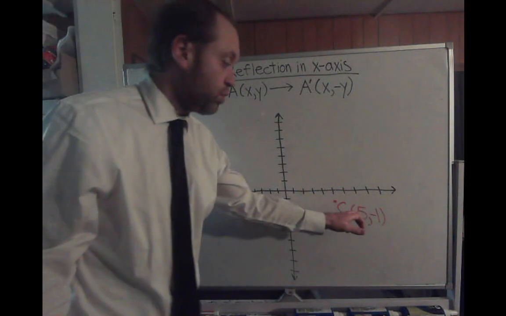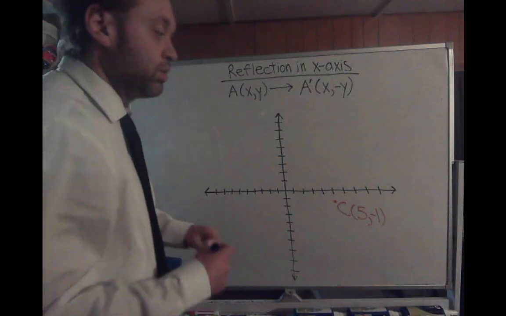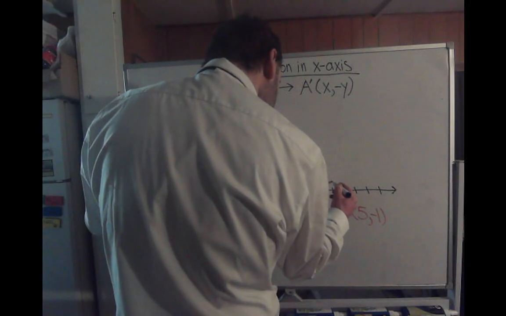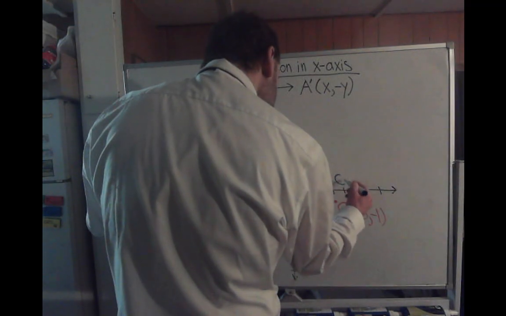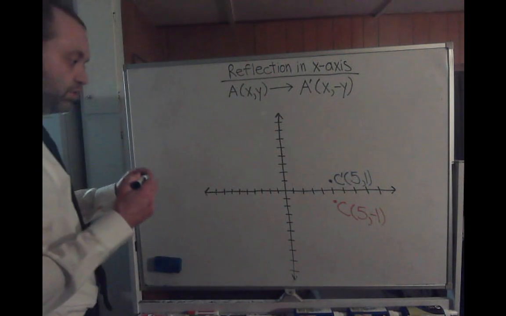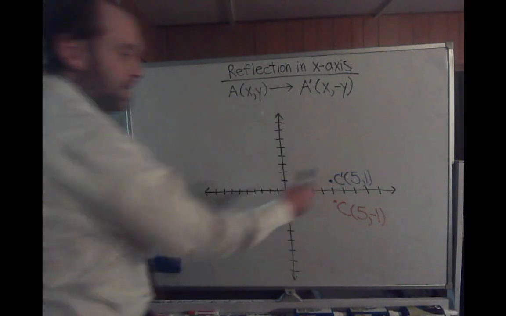I keep my x-coordinate the same, but negate my y-coordinate. What's negative, negative 1? That'd be positive 1. So my C prime would be at the point 5, positive 1.